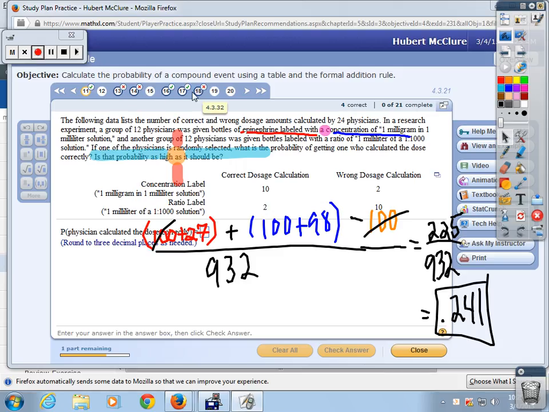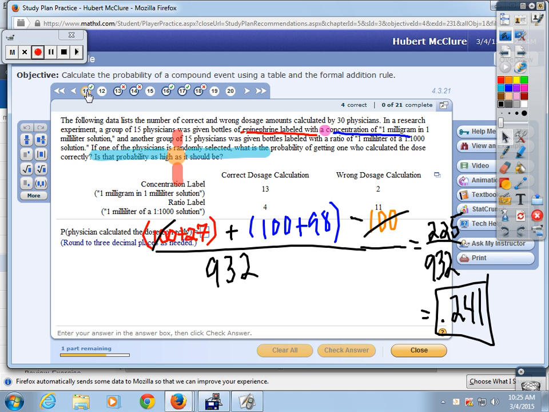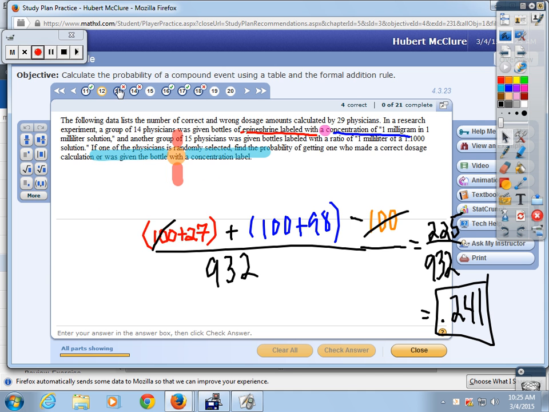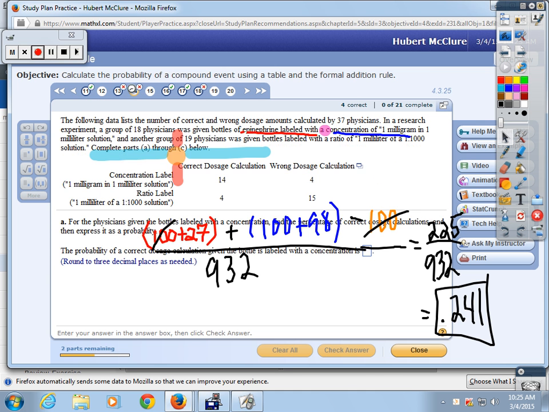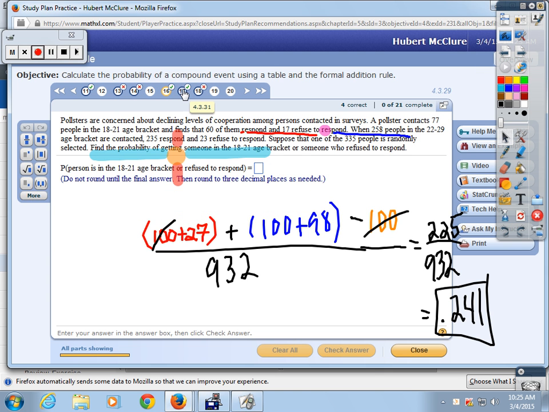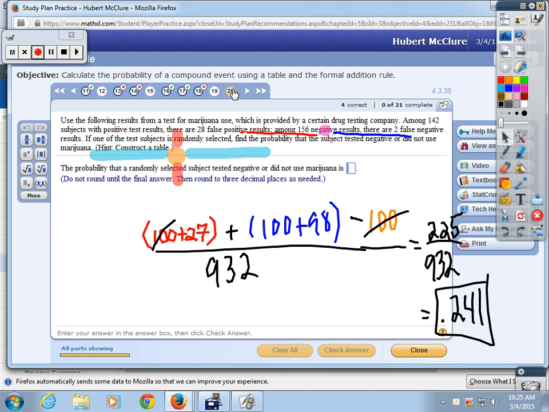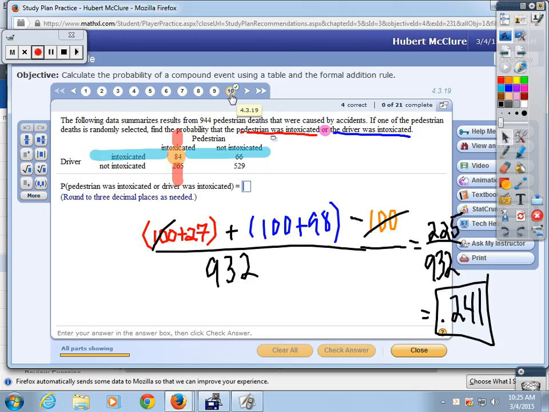Okay, hold on. Let me find my problem first. Well, is it not on this page? Hold on, let me go to the... There it is. All right. I highlighted the intoxicated driver in blue.